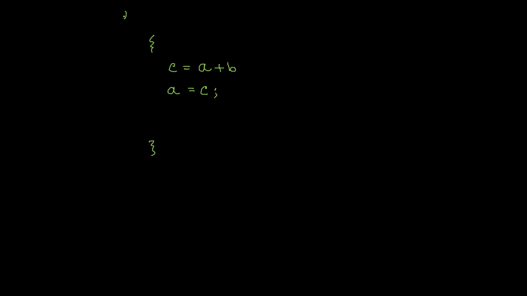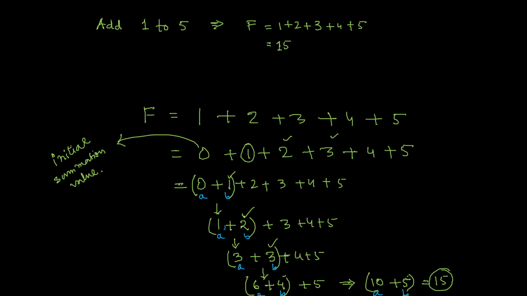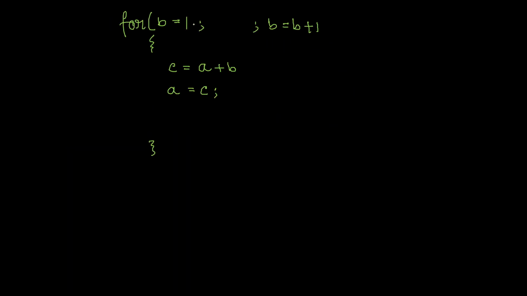So I can write the for loop where B starts from 1. I will increase B one by one, B equal to B plus 1, because ultimately the term is increased by 1, then 2, then 3, then 4, then 5, and this is what I require. So I started B from 1 and incremented B once.